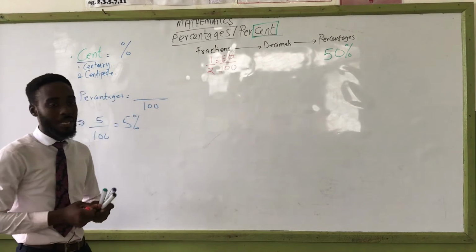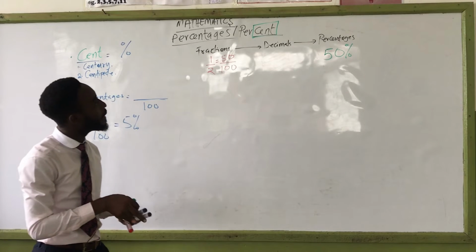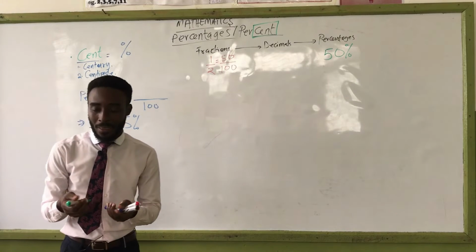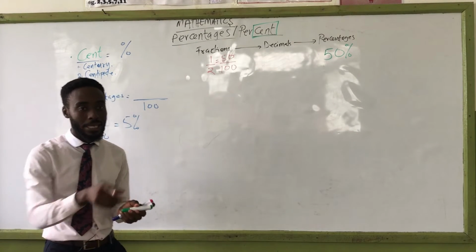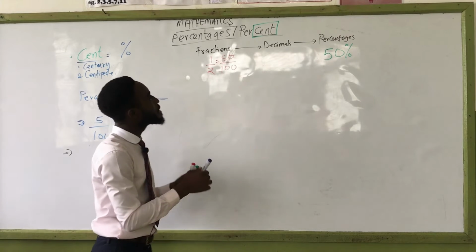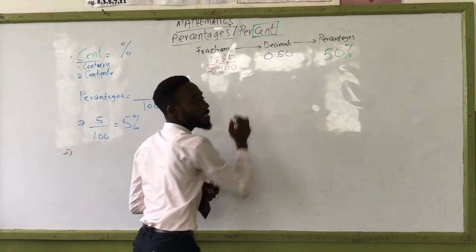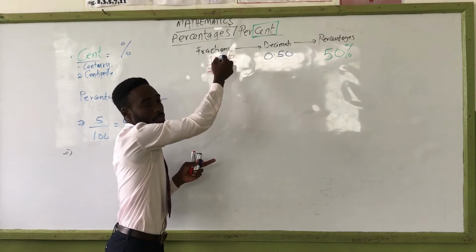Now, relating to what we learned about decimals, how will you write 50 out of 100 as a decimal? That would be 0.50. Because if you remember, we move the decimal to the left.